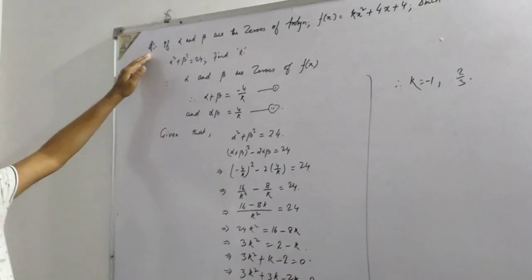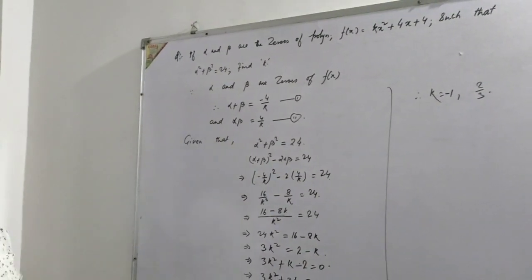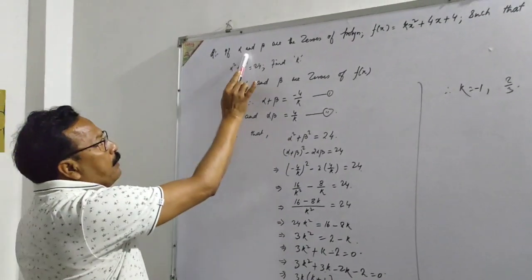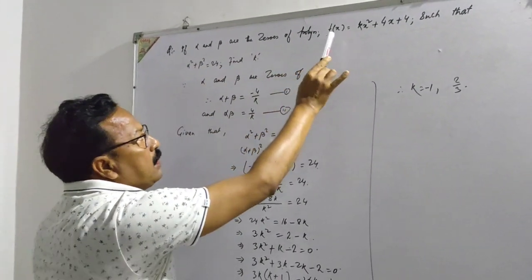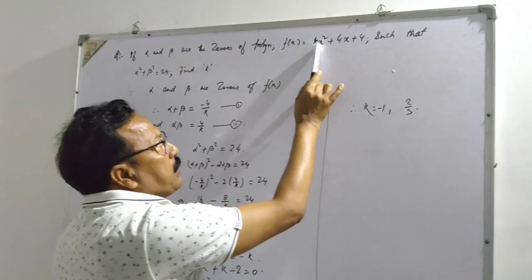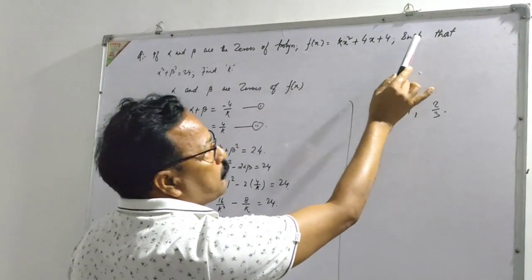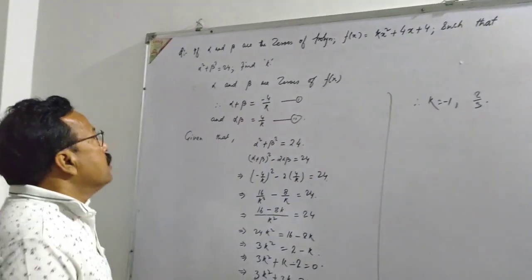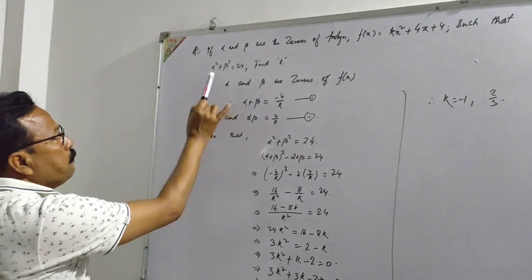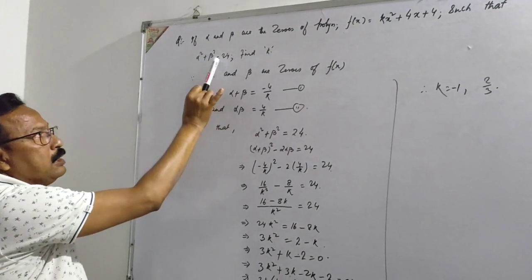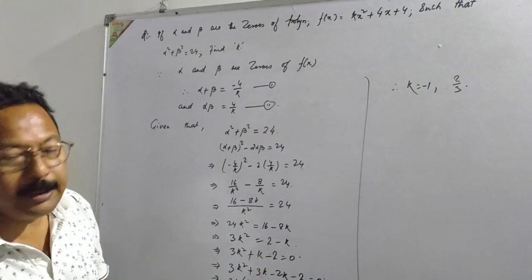Now we are going to take another question. If alpha and beta are the zeros of the polynomial f(x) equals kx square plus 4x plus 4 such that alpha square plus beta square equals 24, find the value of k.